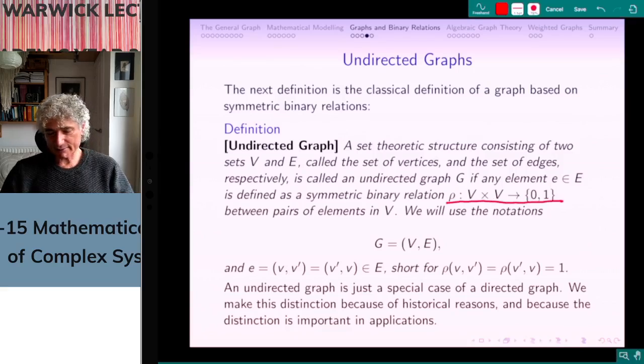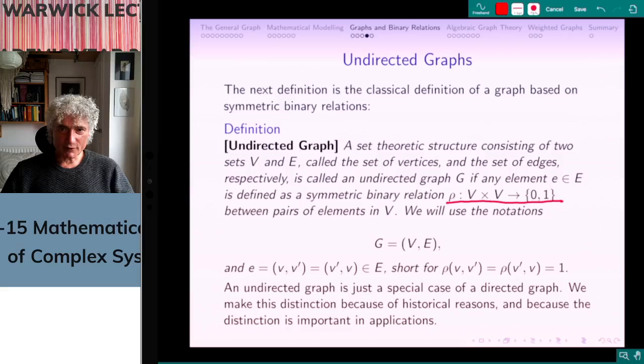A binary relation can also be interpreted as a mapping from the Cartesian product V times V into the set {0, 1}. If rho gets the value 0, then there is no binary relation between the elements V, V prime taken from the Cartesian product of V with itself, and if the value is 1, then there is a binary relation.